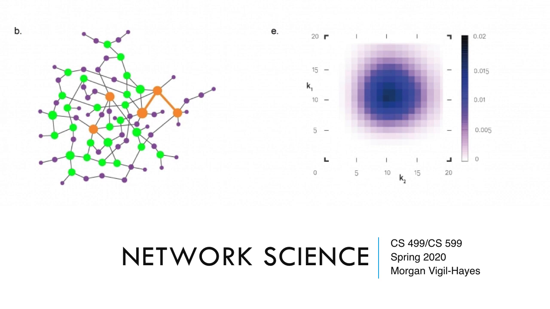So in the last video, we talked about using the degree correlation exponent as a way to quantify whether a network was assortative, disassortative, or neutral.